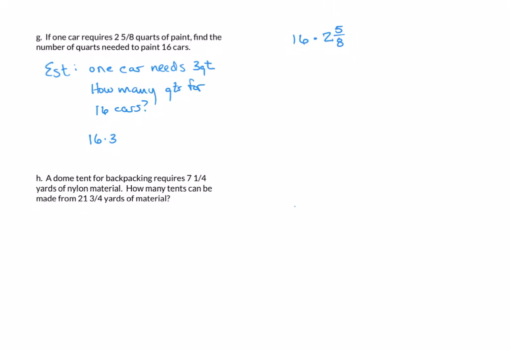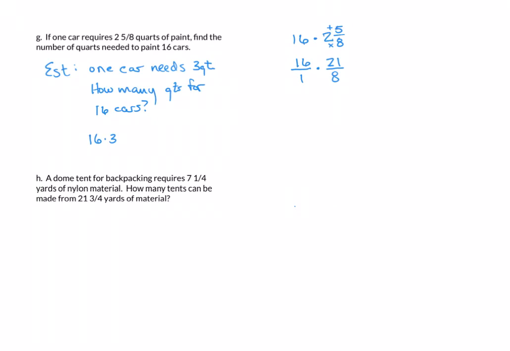We are working with mixed numbers, so I do want to convert into improper fractions. I'm going to write 16 over 1. 2 and 5/8, if we convert this to improper, we get 8 times 2 is 16, plus 5 is 21. We keep the same denominator.